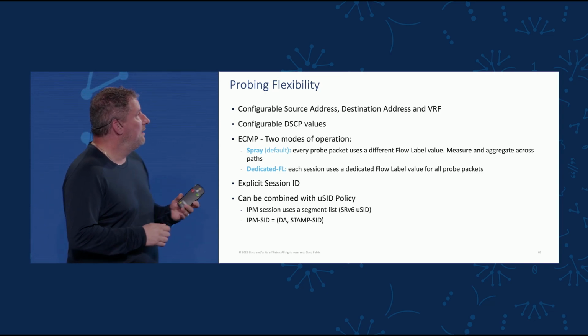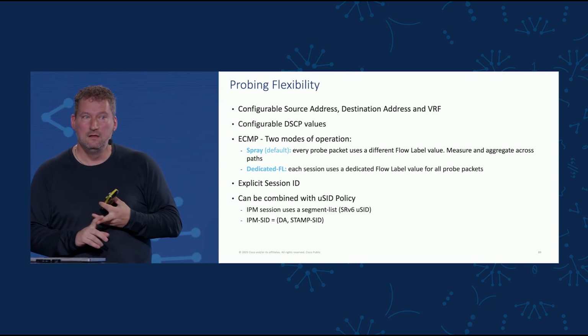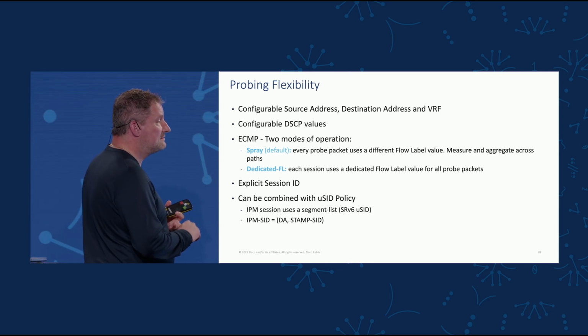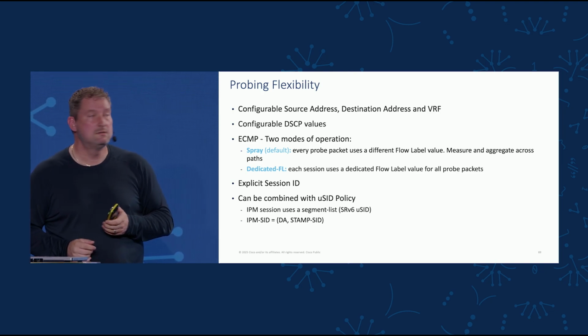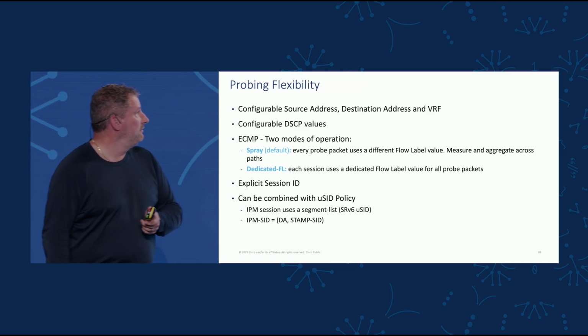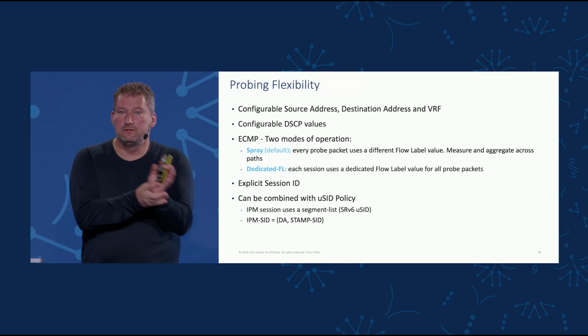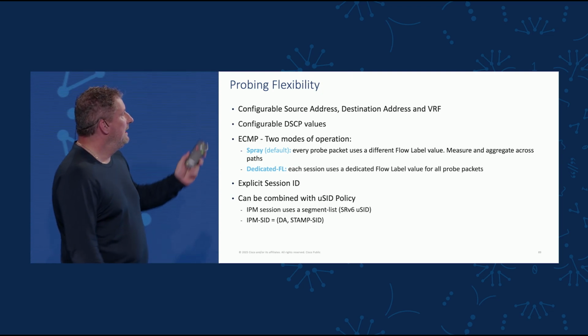You can configure your source address and your destination address. You can have a VRF in your probing packets that will do 3Ls. Configure different DSCP values, right? And then 2 modes of operation. By default, it's spray. So we use randomized flow labels to cover all these ECMP paths.